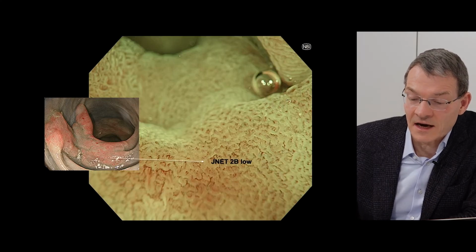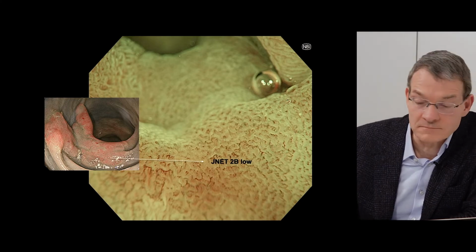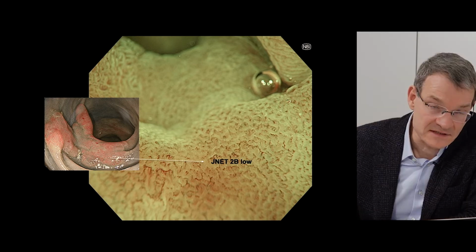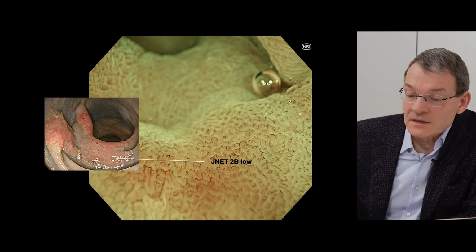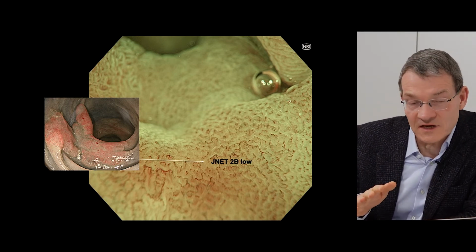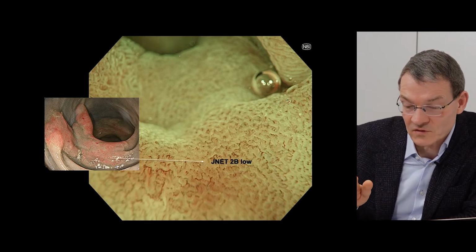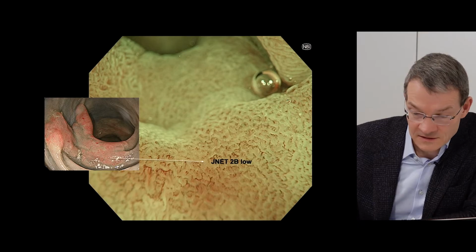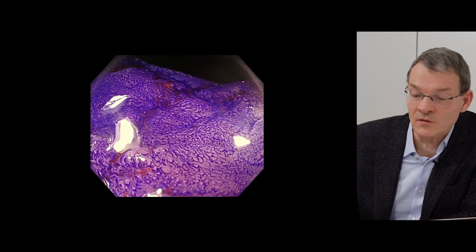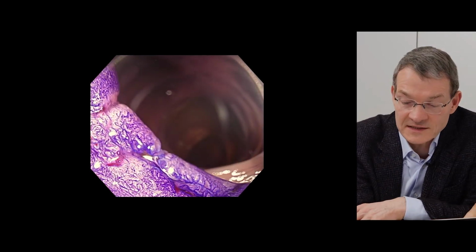And again, the other reddish area in front is also more JNET 2B low. Okay, just by the vessels? By the vessels, yes. So from the JNET classification, you should also focus on the surface pattern and use Kudo classification. So in this case, we finally did both.